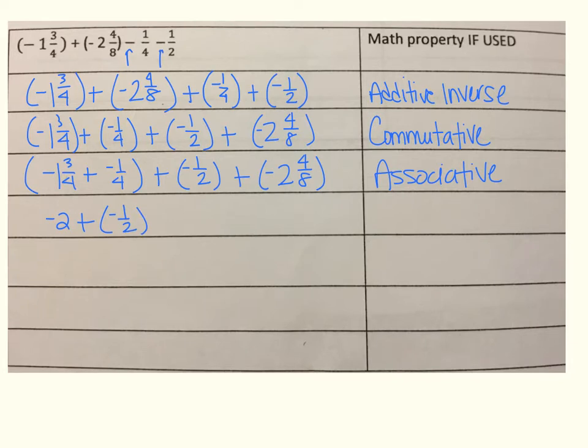So after simplification, we get this. So then I'm going to group these two, because negative 2 plus the negative half is equal to negative 2.5. See how simple that is?